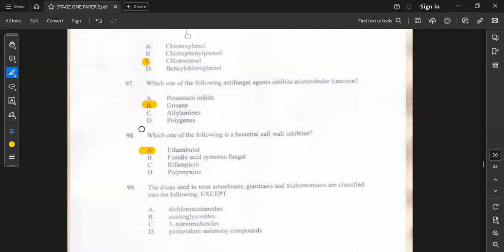Isoniazid is given with pyridoxine because of peripheral neuropathy. Yeah, so we give that pyridoxine. I think also, guys, ethambutol has some damage to visual acuity, and it leads to loss of red-green discrimination.